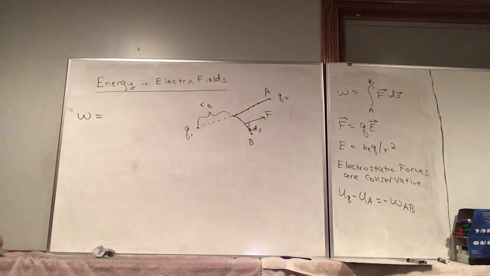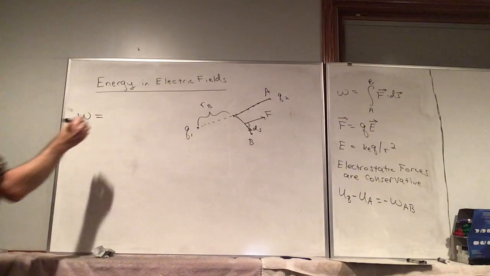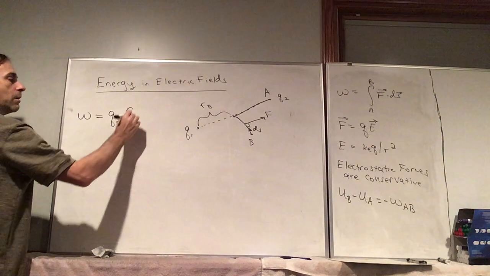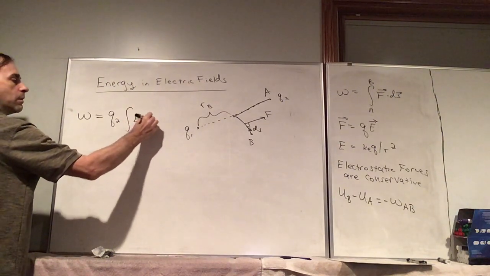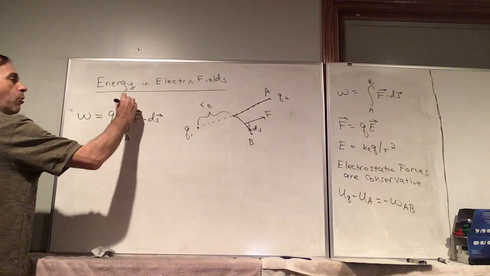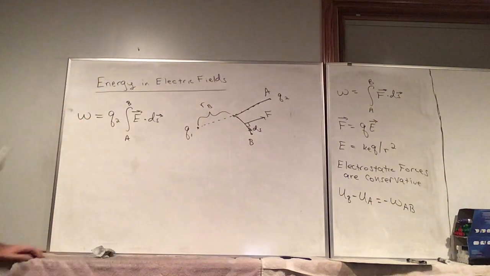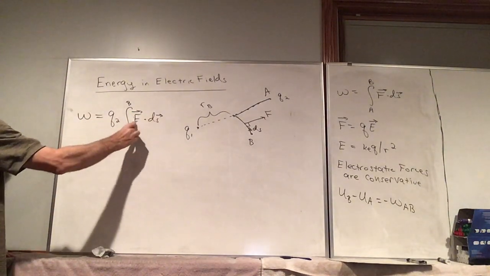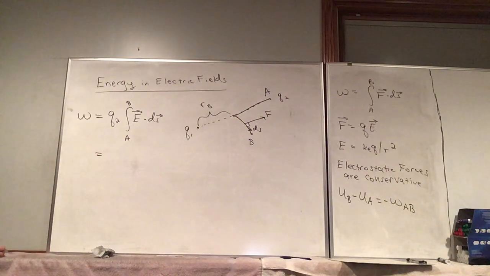So the work is going to be the force. Well, we've got the integral. We can take Q2 out. And again, we're going from point A to point B. And now let's put in our definition of the electric field. Well, first notice that E dot ds.